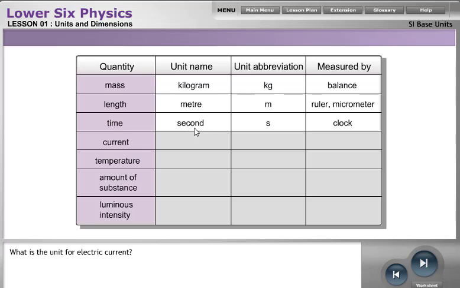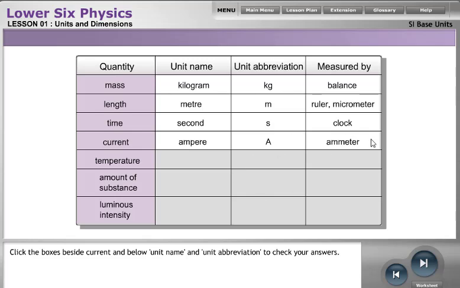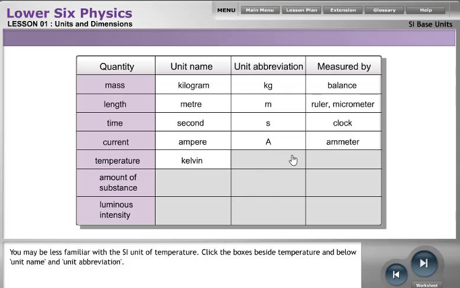What is the unit for electric current? Click the boxes beside current and below unit name and unit abbreviation to check your answers. You may be less familiar with the SI unit of temperature. Click the boxes beside temperature and below unit name and unit abbreviation.